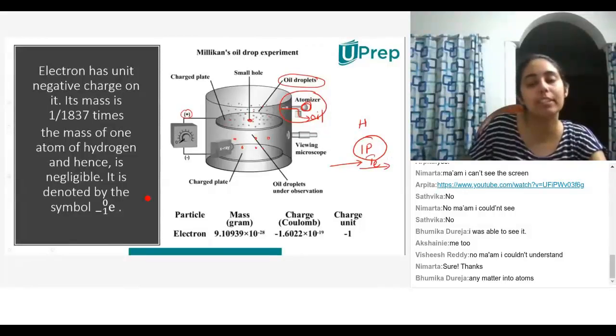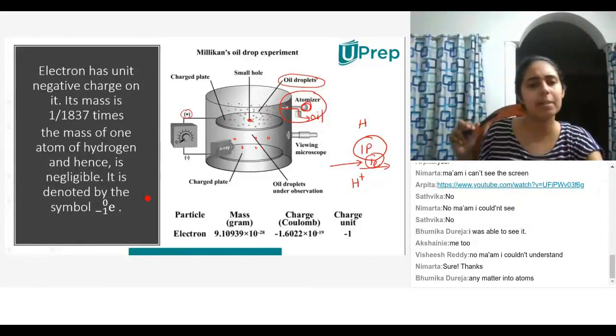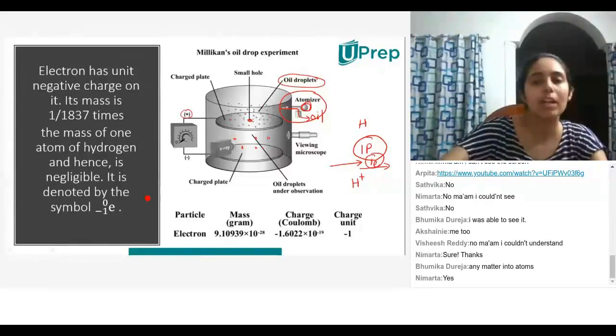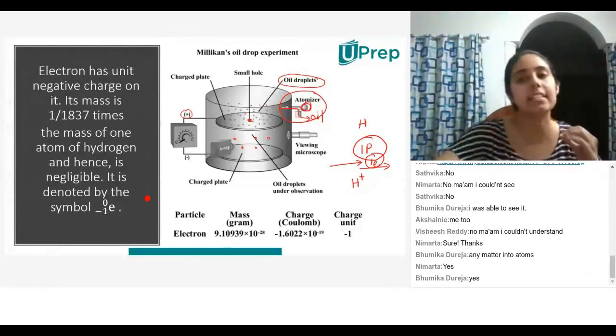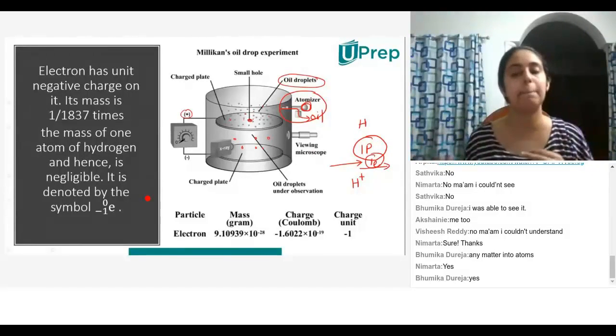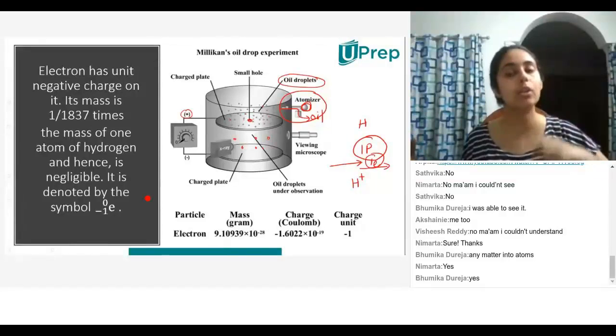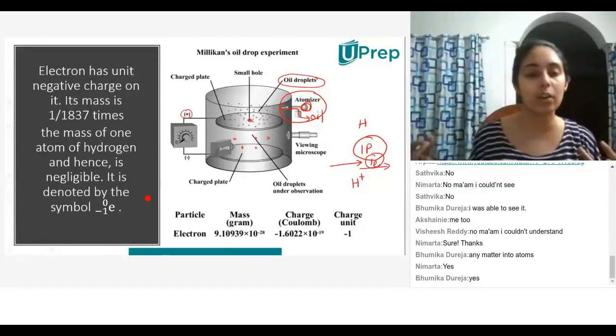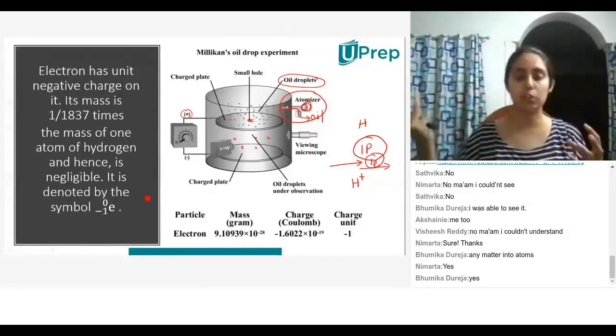Once they pull out this electron, this becomes H plus. Are you guys able to see this? Yes, ma'am. Okay, so once these X-rays hit the hydrogen gas inside, they pull out electrons from the atoms. So those atoms now turn into positively charged ions.